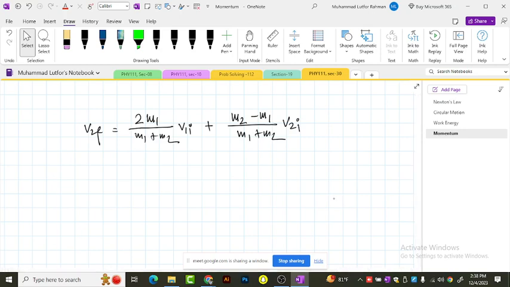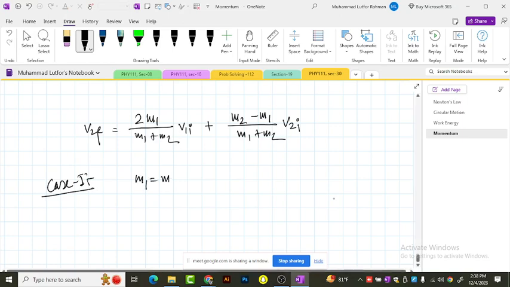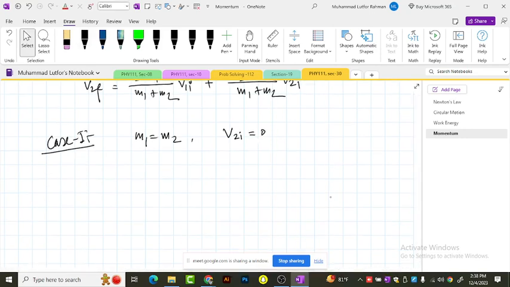So let's consider three cases according to these two equations. Let's say case number 1, when M1 is equal to M2 and V2I is equal to 0.